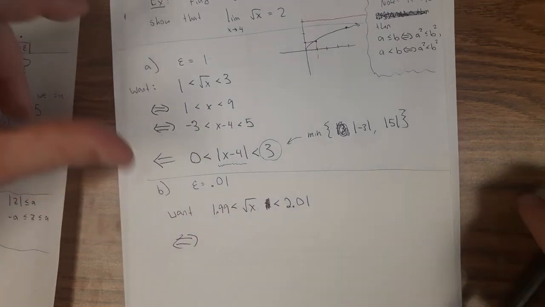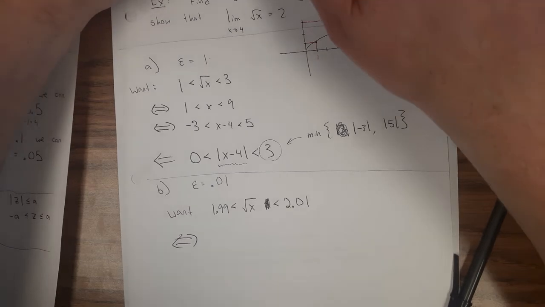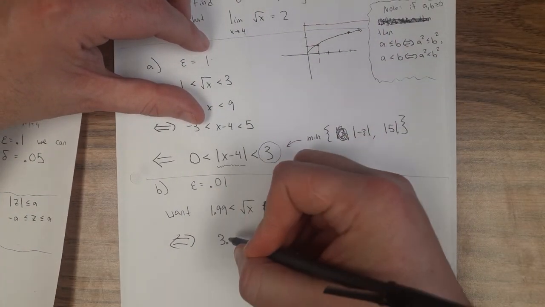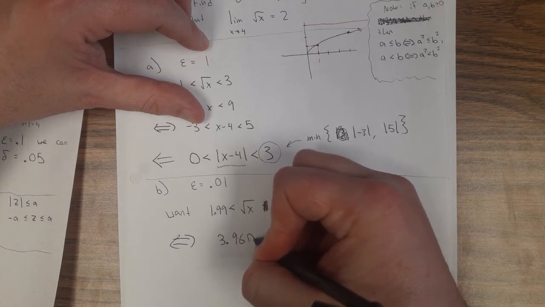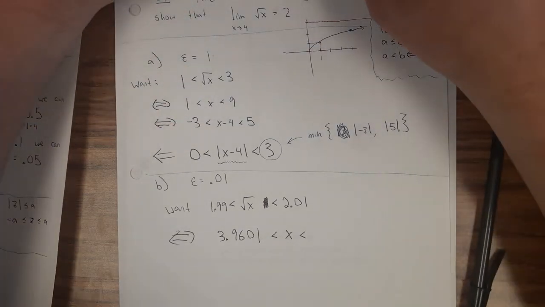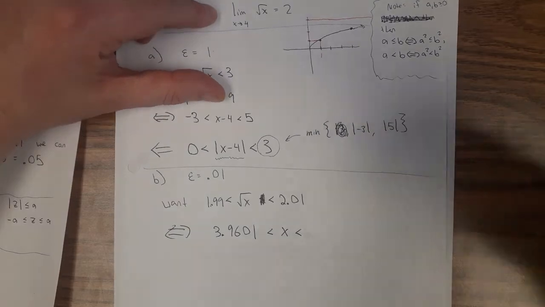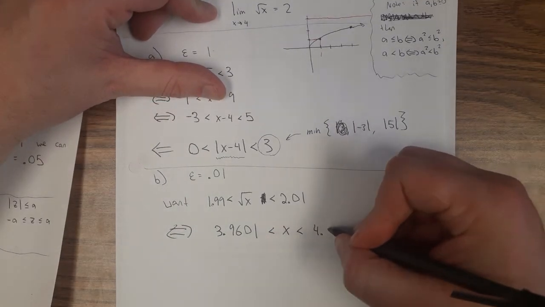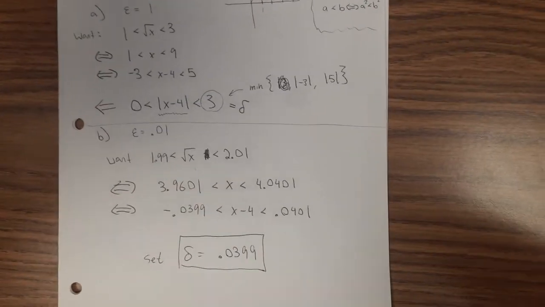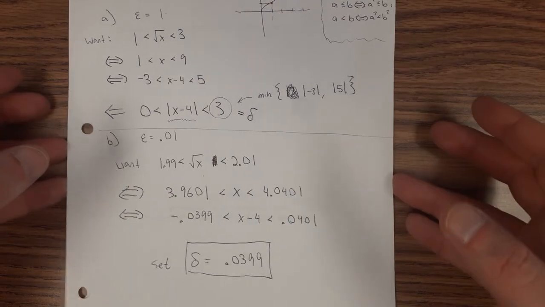I square everything, and I get 3.9601 less than x less than 4.0401.